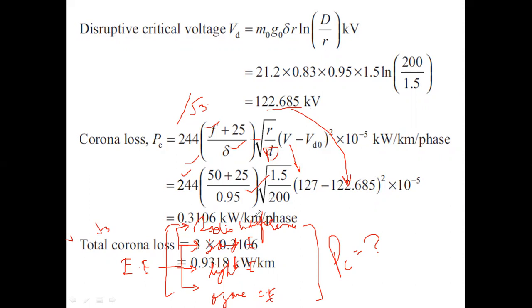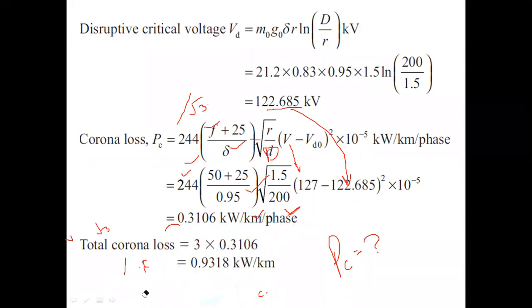This is per kilometer per phase. If you want to find the value for three phases, we have to multiply it by 3, so we will get 0.931 kilowatt per kilometer.